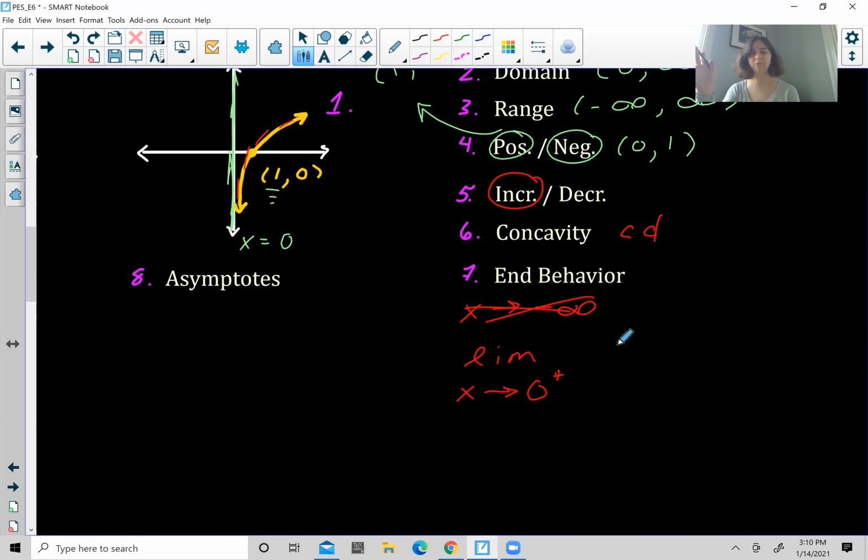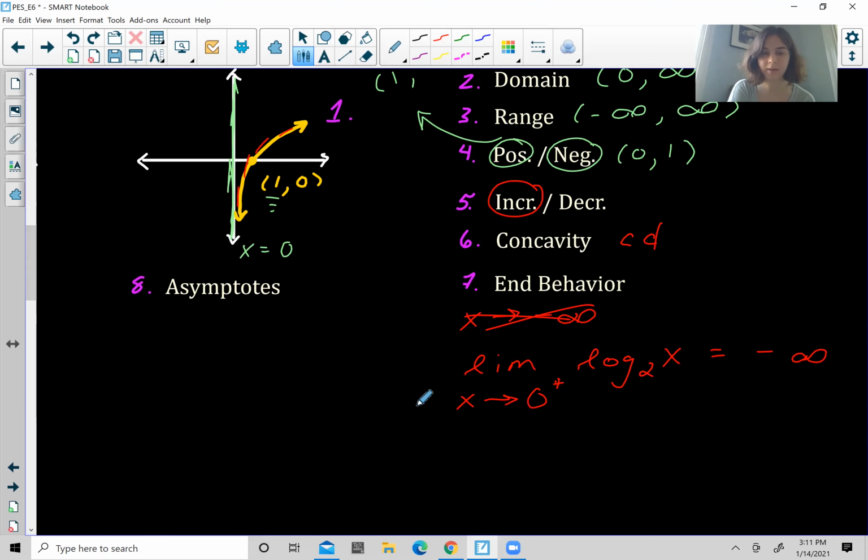So our curve is approaching this vertical asymptote from the right side. So that's one way of writing it. And then we would write log base 2 of x. And so when it approaches that 0 from the right side, our y values are going to go to negative infinity. And so that's one way of writing it, if it makes sense at all. If you don't want to do it that way, you can just kind of ignore the negative infinity end behavior.